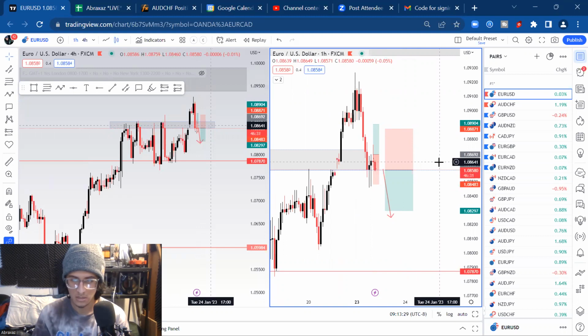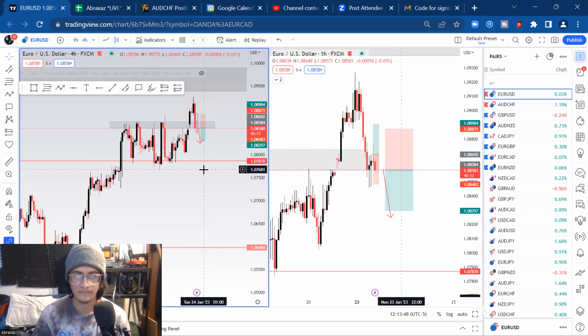Stop loss is at, take profit is at 0.08297. Cool. Edited that, and then the AUDCHF, I just need to put the parameters for that one.